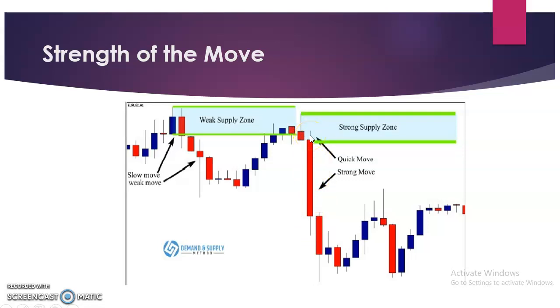Now there is where we saw a very big bodied candle that moved massively to the downside. When we see this kind of big bodied candle, of course we can stop around that area, mark out the immediate previous candle before that large move started, and wait for price to mitigate that place.